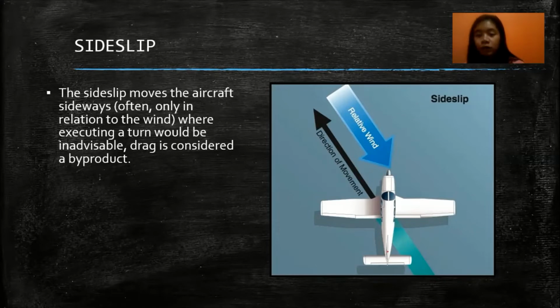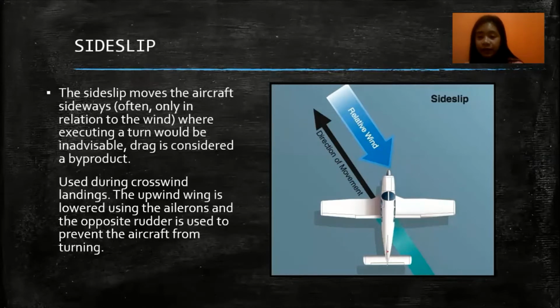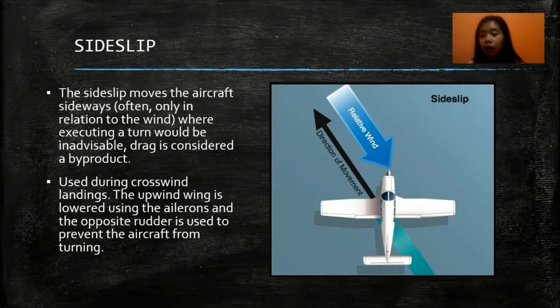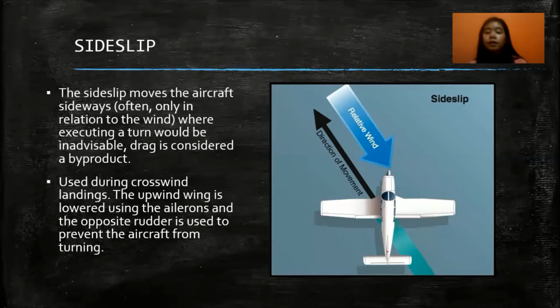So, most pilots like to enter side slip just before flaring or touching down during a crosswind landing. So, ang side slip ay ginagamit during crosswind landing nga. So, the upwind wing is lowered using the ailerons and the opposite rudder is used to prevent the aircraft from turning. So, yun yung side slip.